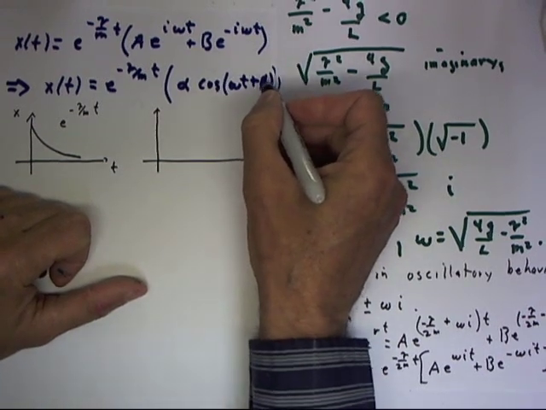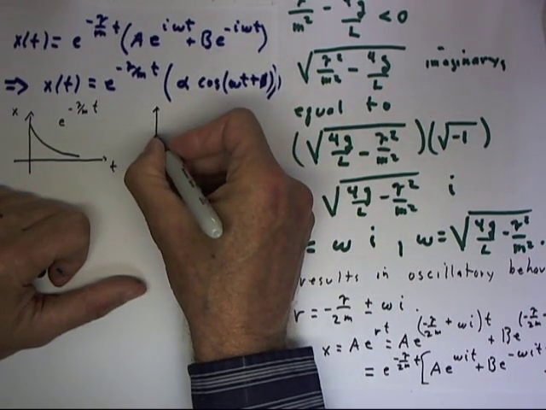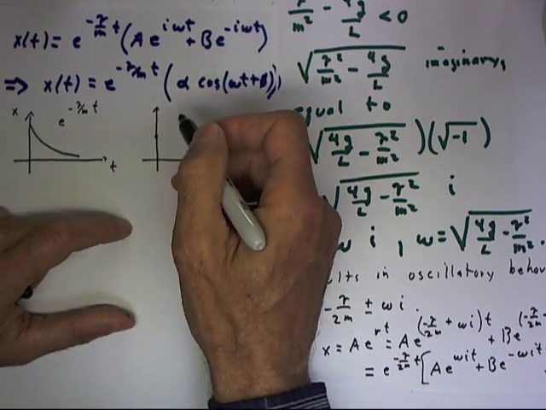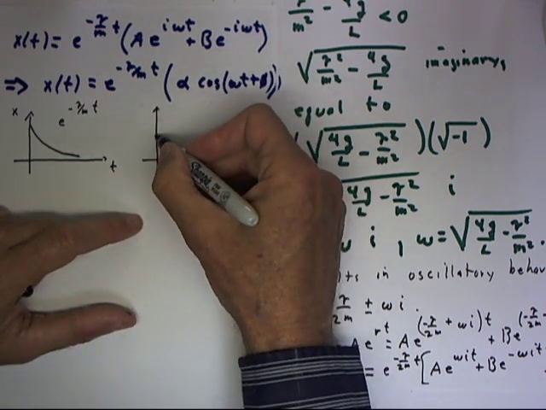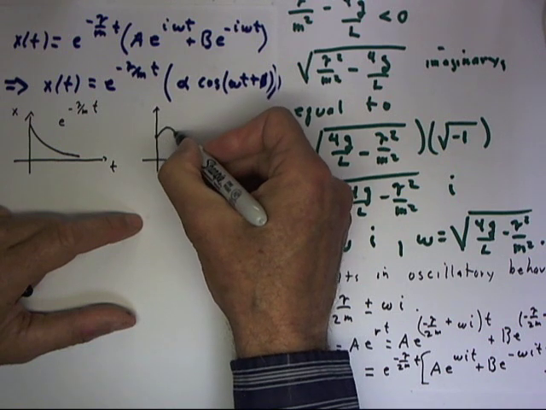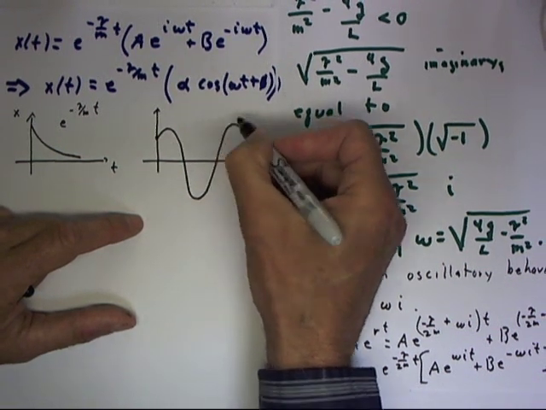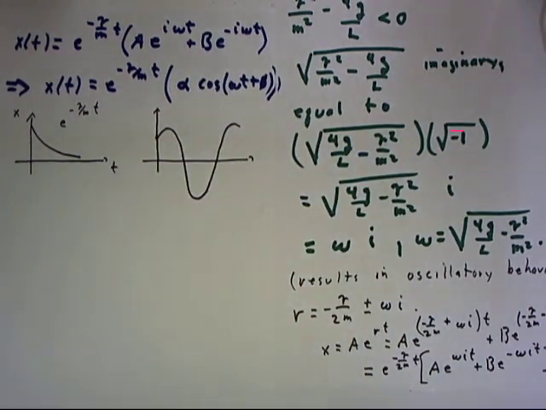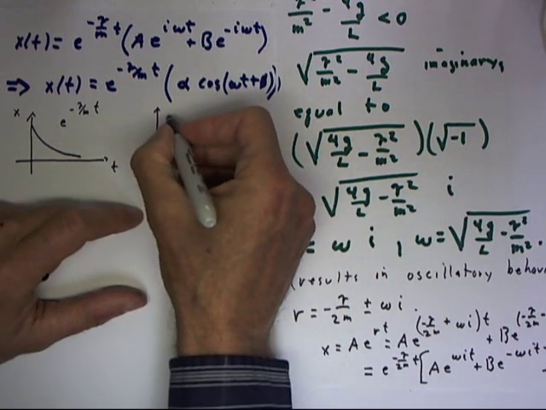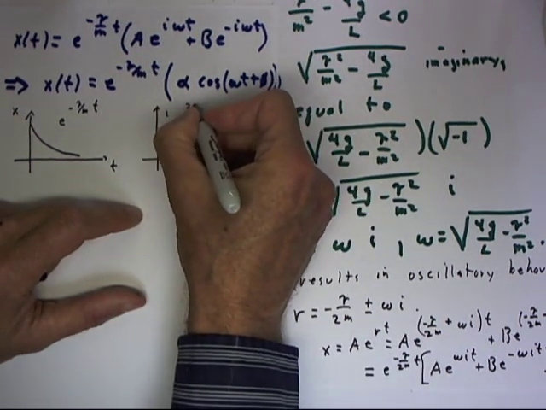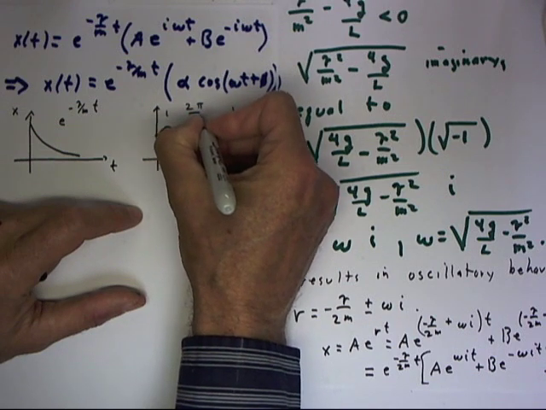By choosing phi and A, we can start at any point on the vertical axis with any phase, so that this might just look something like this, where the period of the function from here to here is just 2 pi over omega.